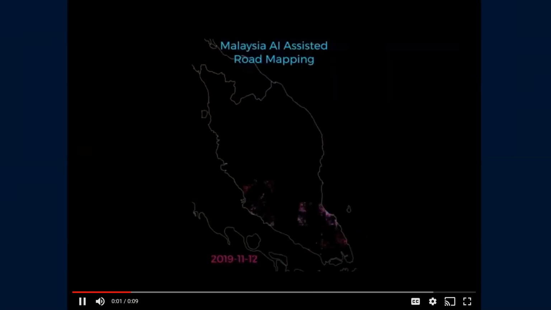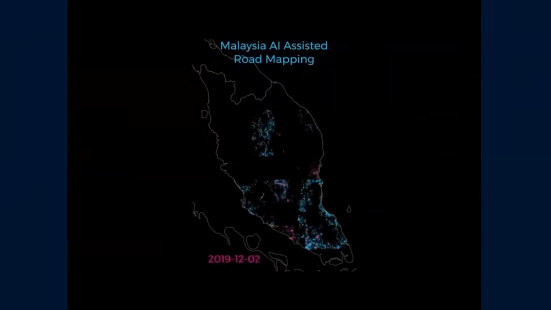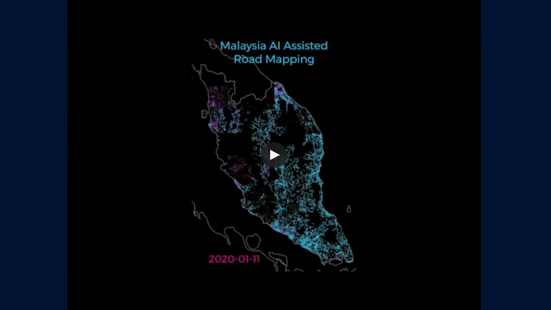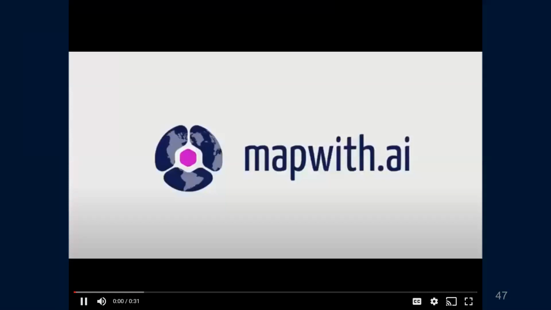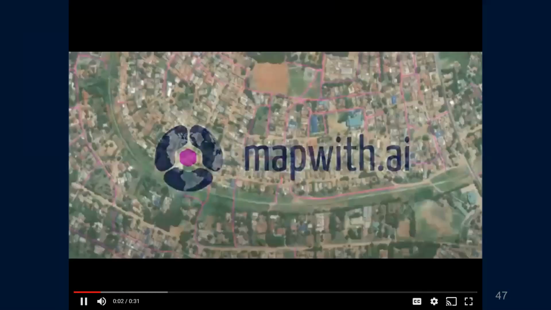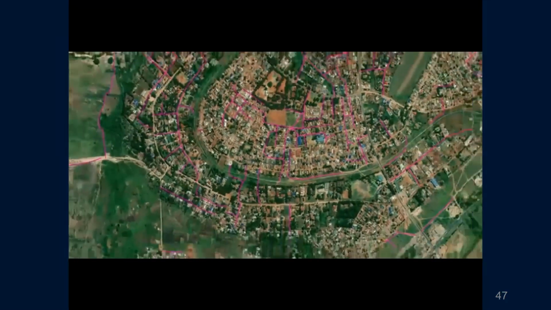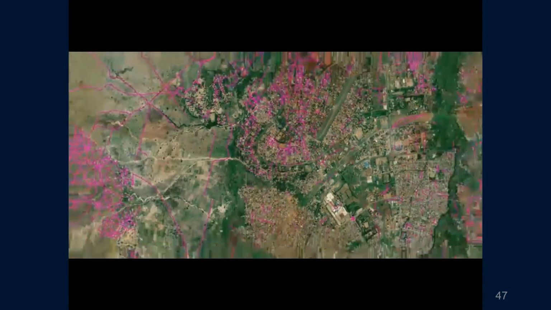Here is a video showing our mapping progress in Malaysia using Rapid. With Rapid data, we are able to map out this size of area within just a couple months. Next slide, please. This is another video. This is Dodoma in Tanzania, where many of the roads were mapped using Rapid, visualized in pink as well.